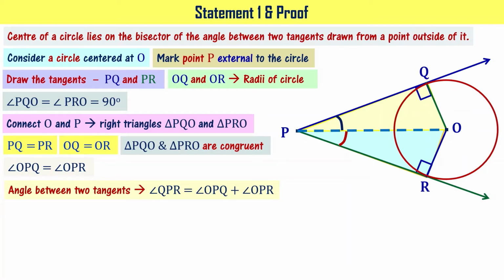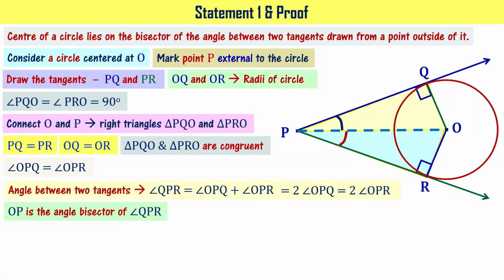And we have just seen that angle OPQ equal to angle OPR, right? It means angle QPR can be written as 2 times angle OPQ or 2 times angle OPR, right? It means line OP is the angle bisector of angle QPR, right? Line OP is bisecting or cutting the angle into two equal parts, right?